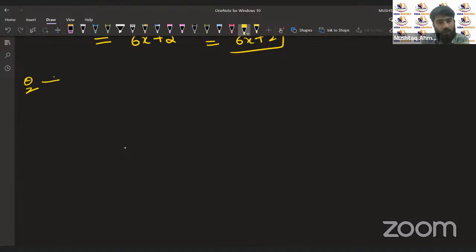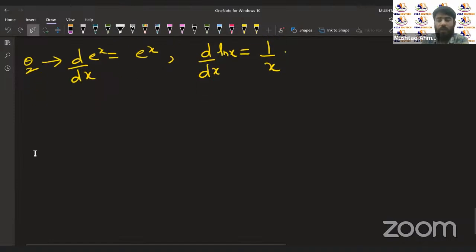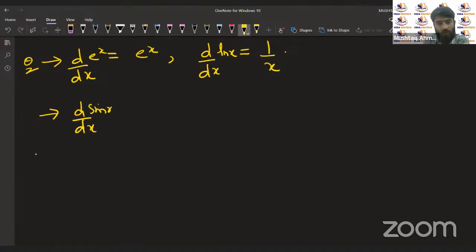Similarly, we have different functions. d by dx of e to the power x, its derivative will be e to the power x. We have d by dx of log of x, its derivative will be 1 upon x. And the derivatives of different trigonometric functions. Like we have sine of x, the derivative of sine x will be cos x.